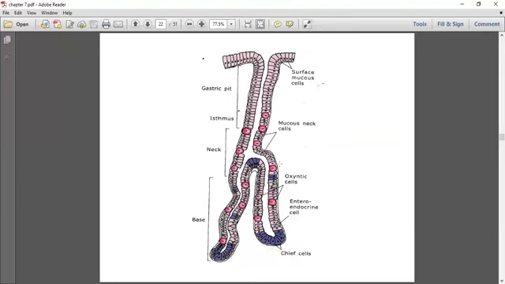The base represents the secretory part or the glandular part that is present within the lamina propria, with different cells: mucus cell, as well as mucus cell located at the surface, oxyntic cell, which is the parietal cell, chief cell or peptic cell or zymogen cell, and enteroendocrine cell, which secretes hormone.